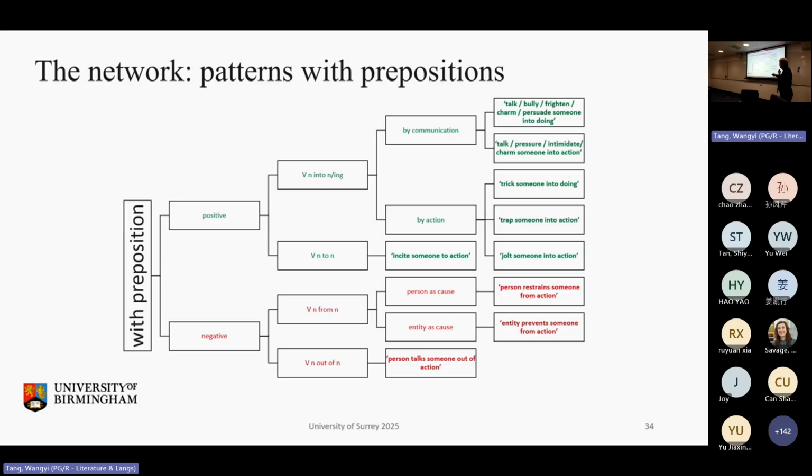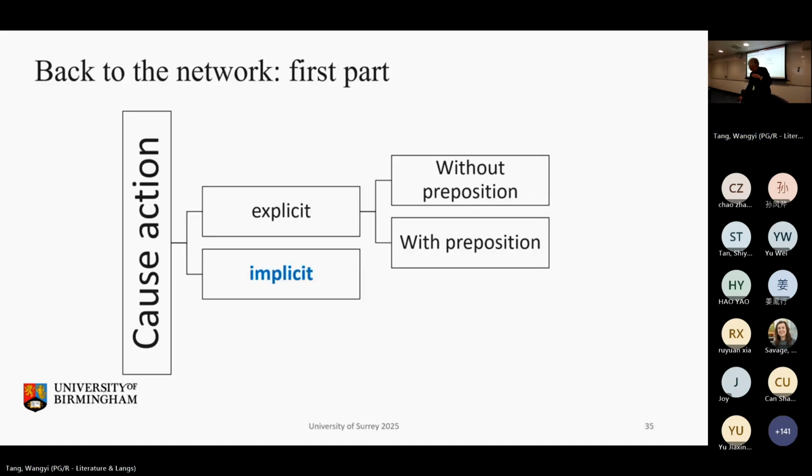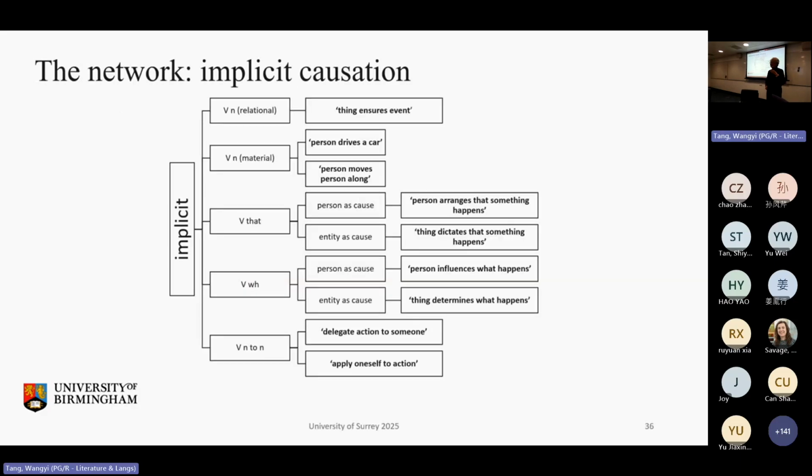So you've got all the constructions at the rightmost end of the network, and a form at the left hand. This goes on in exhaustive detail, I'm afraid to say. So we now look at the implicit kind of causation. And again, you see the point here that you go from the implicit meaning to the patterns that are involved with this, and moving on to the constructions that make that meaning.